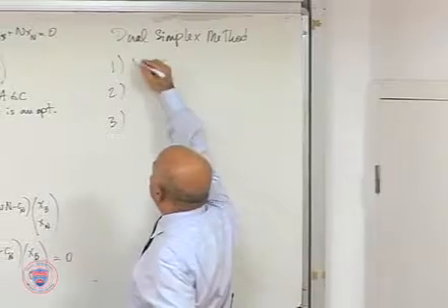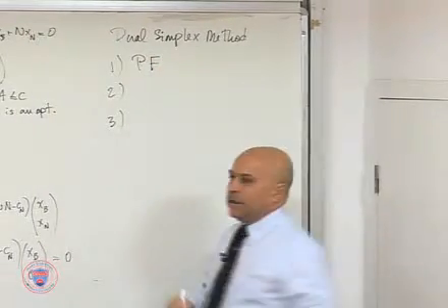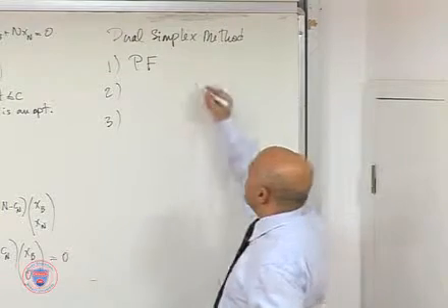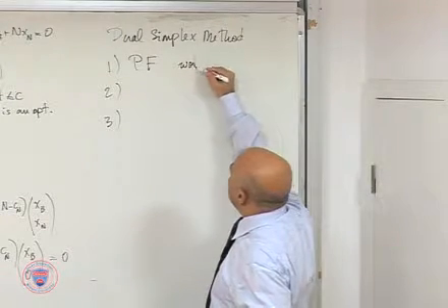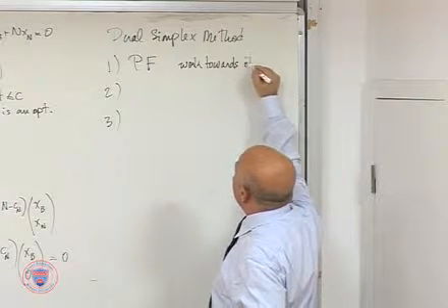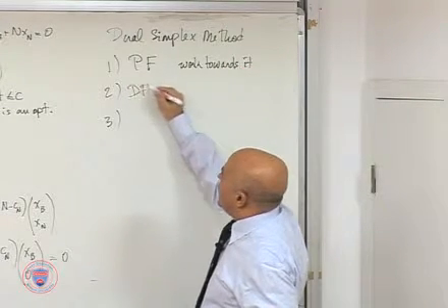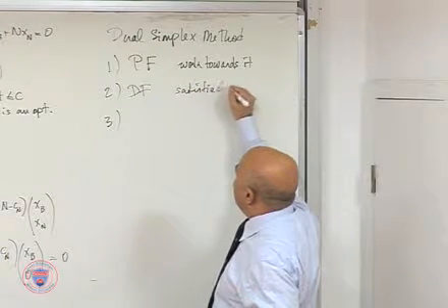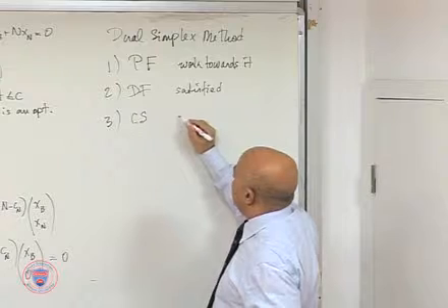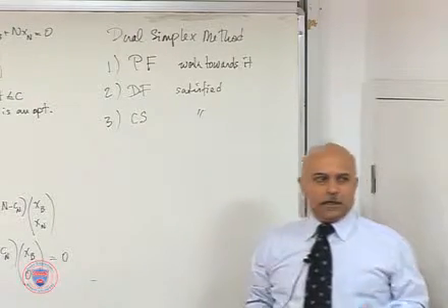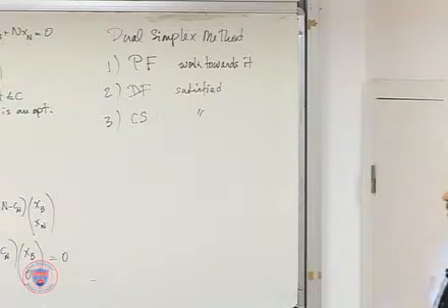The primal feasibility, you never satisfy it until you get the optimum, so you work towards it. You always satisfy dual feasibility, and you always satisfy complementary slackness. Okay, that's how you go in the dual simplex method.